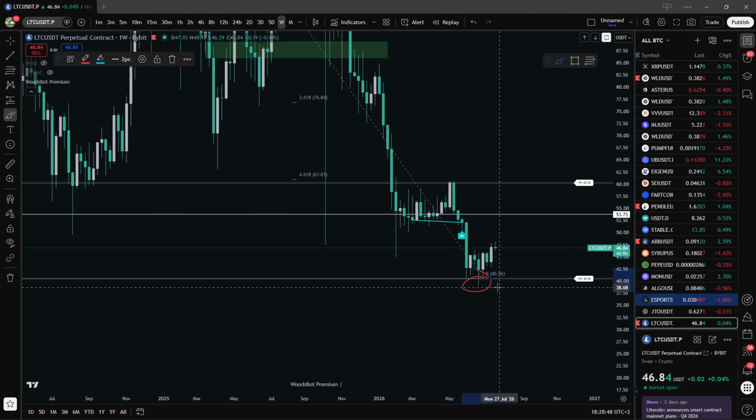This would be my stop loss. If price action comes back below this wick, it's not looking the best. So this is where I will set my stop loss, so you don't get liquidated. I know it's far away from my entry point, right?